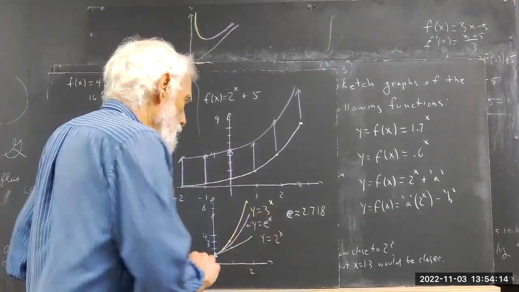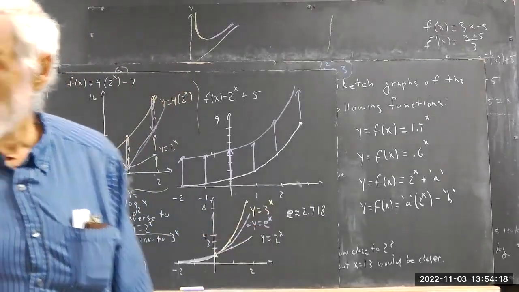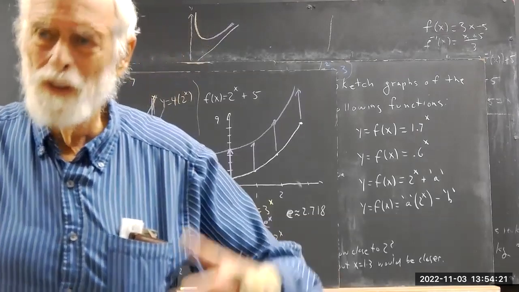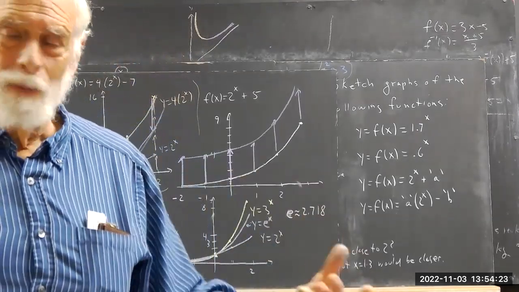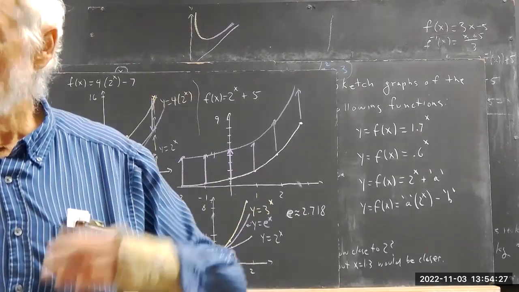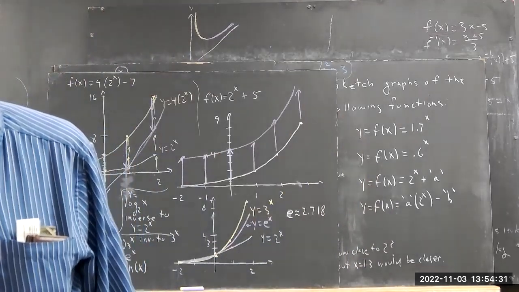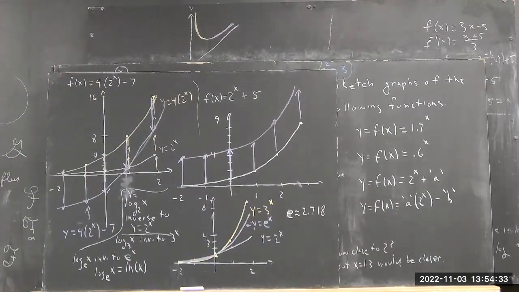And again, that's because it's really easy to do calculus with an e to the x function. A little messier, less convenient to do it with a 2 to the x or 3 to the x or 0.7 to the x function, okay? So there are good reasons that we want to talk about the basic exponential function.